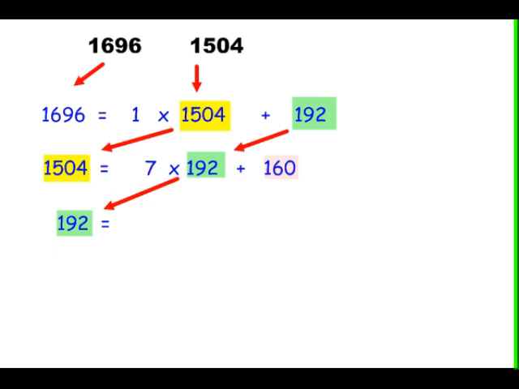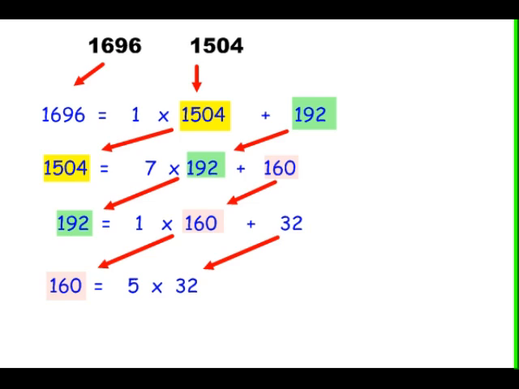And we see that there's a remainder of 32. So 192 is 1 times 160 plus 32. We now take the 160 over to the left hand side and we divide by 32. This time we find it goes exactly. 160 is 5 times 32.